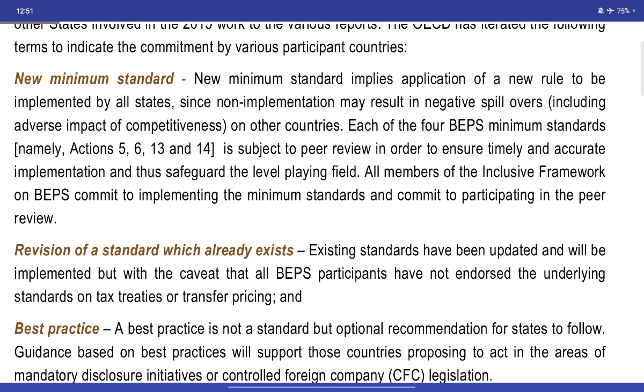New minimum standards: a new minimum standard implies application of a new rule to be implemented by all states, since non-implementation may result in negative spillover, including adverse impact on the competitiveness of other countries. Each of the four BEPS minimum standards, namely Actions 5, 6, 13 and 14, is subject to peer review in order to ensure timely and accurate implementation and safeguard a level playing field.